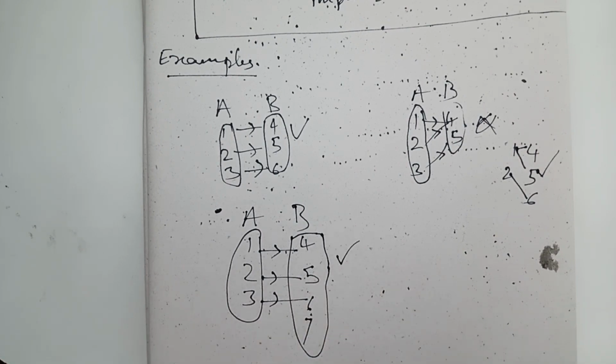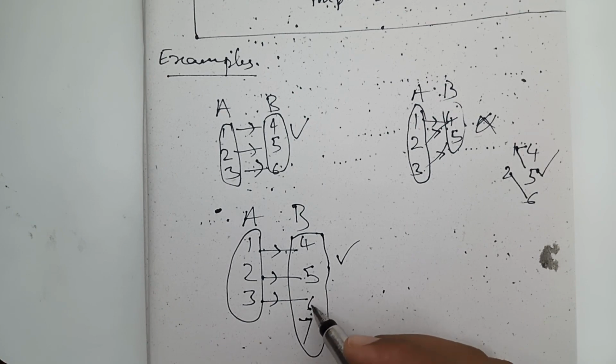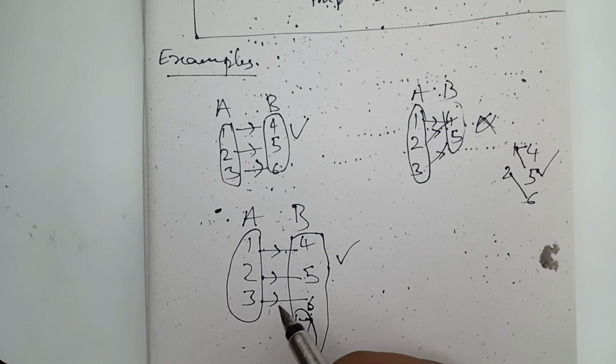This is a function, an injection function, because there may be many remaining elements in the codomain. We can accept it as a function, but in the domain, if there is a single element remaining, it is not called a function.